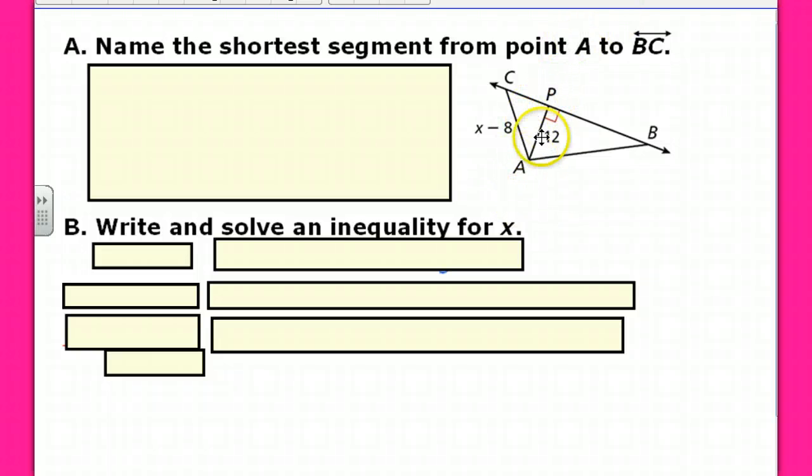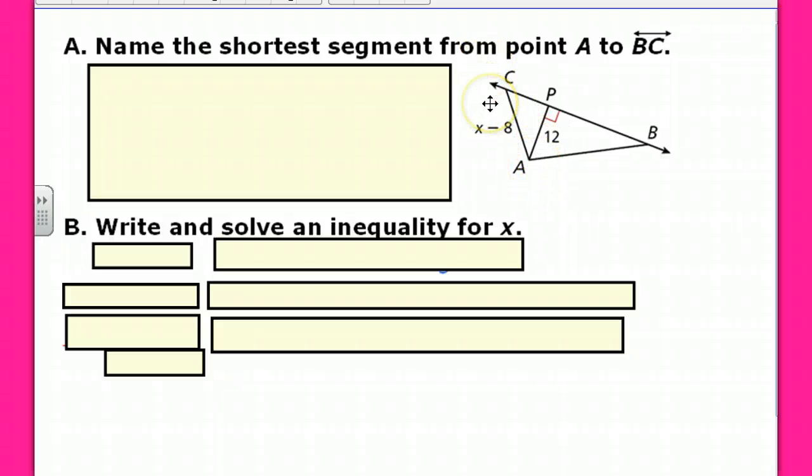So if that's true, then AP is the shortest segment from A to that line. But when we look at x minus 8, we have another segment going from point A to line CB. But is it the shortest segment? No. So how do these 2 segments compare, AP and AC? AP is less than AC, right?